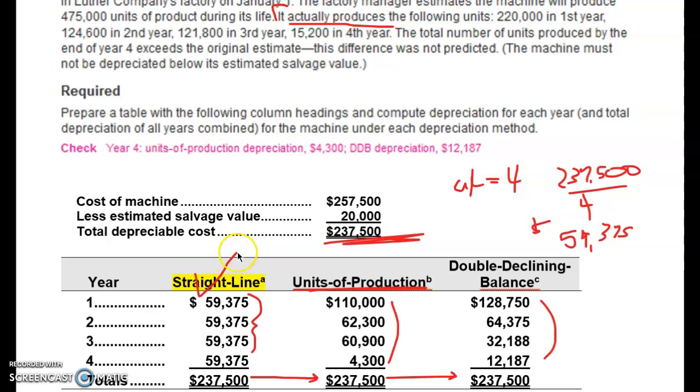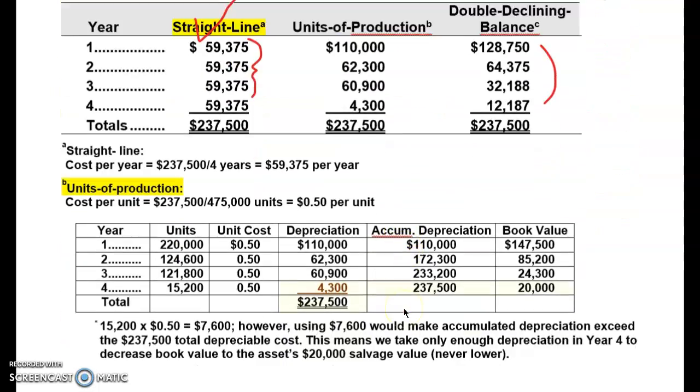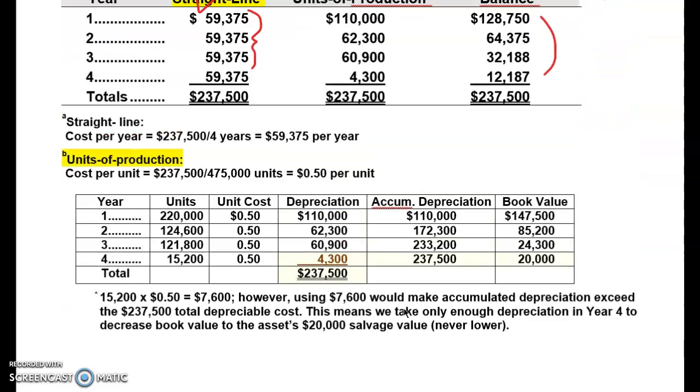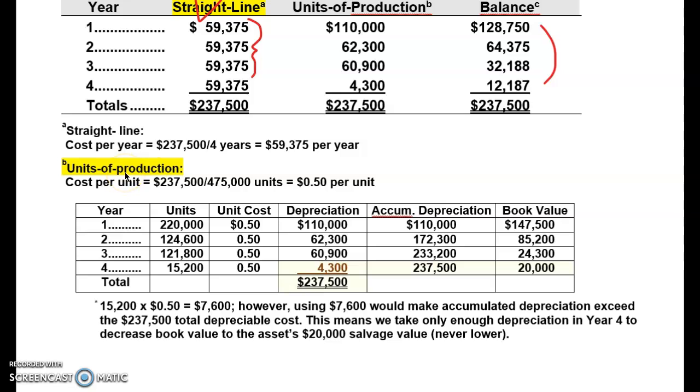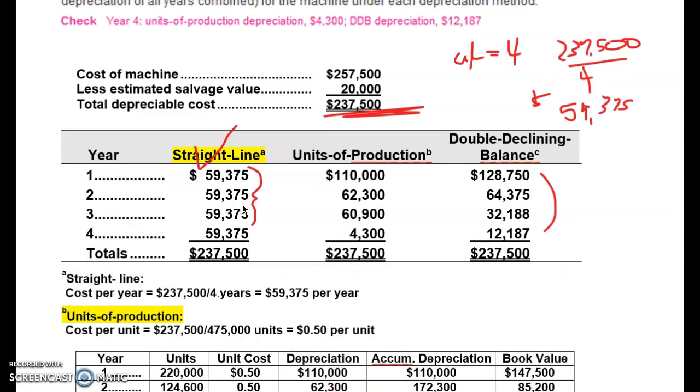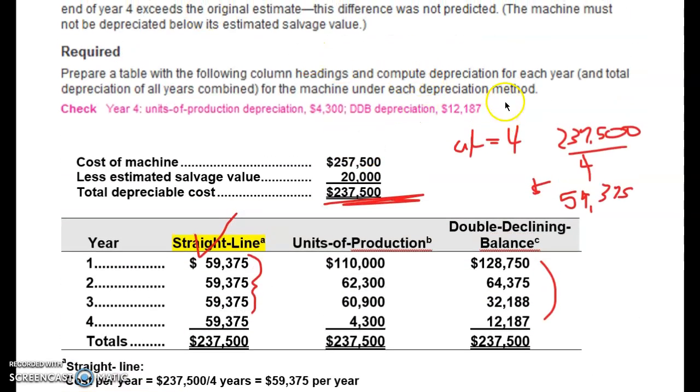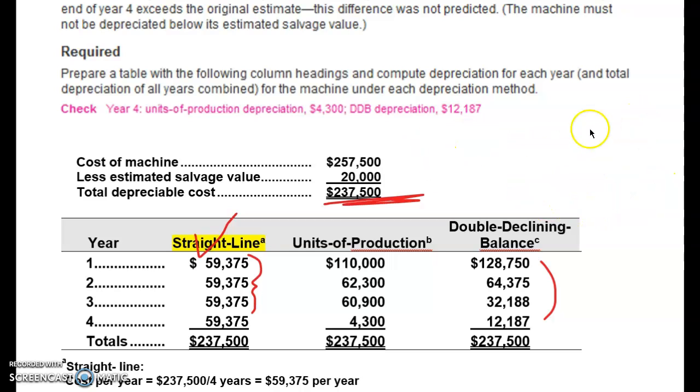So what we need to do now is, which one's next? Okay, units of production. All right. Well, we've got a little extra step we have to do for units of production. I don't like the 237,500. I want to rewrite it.